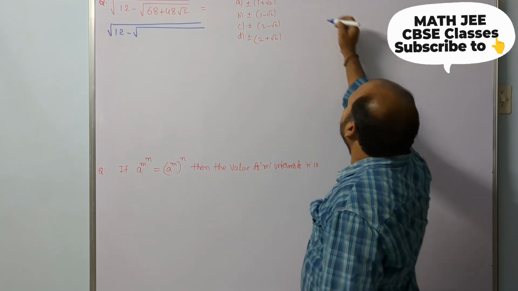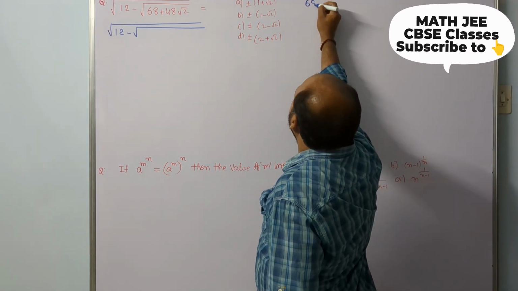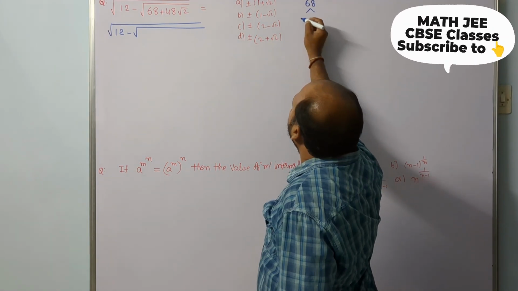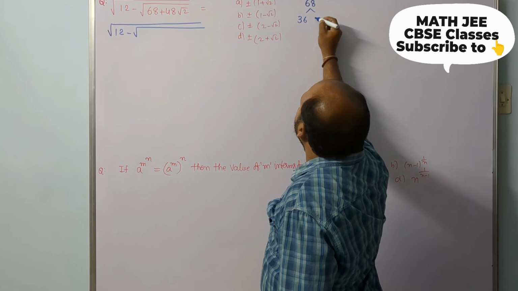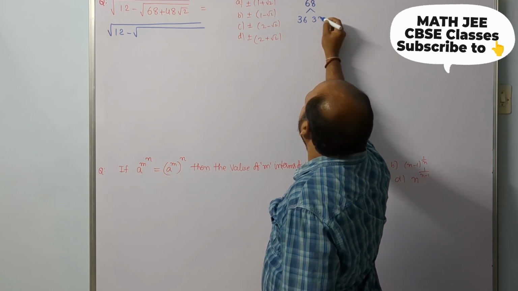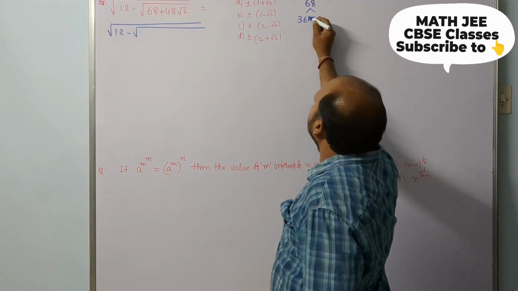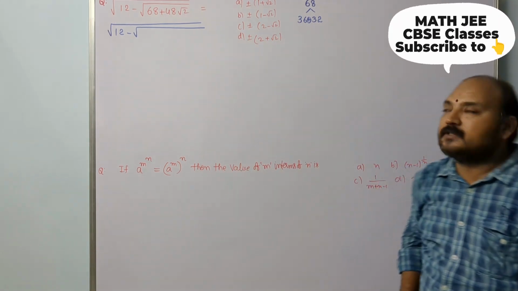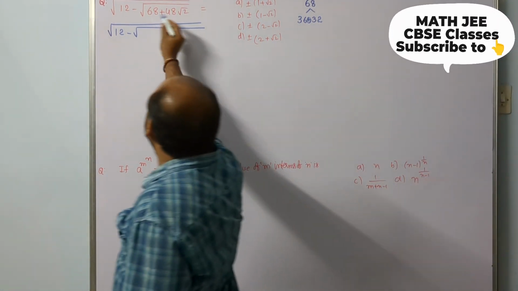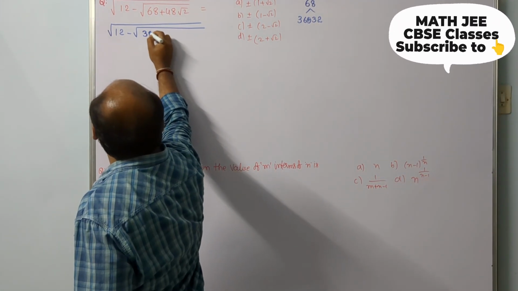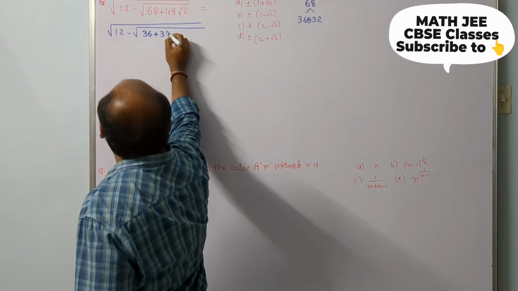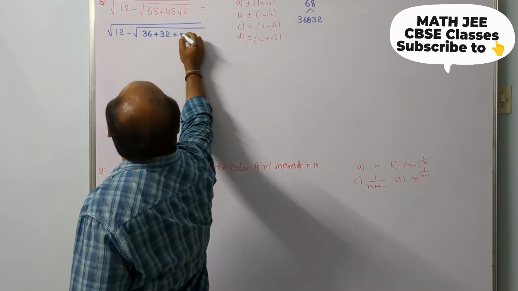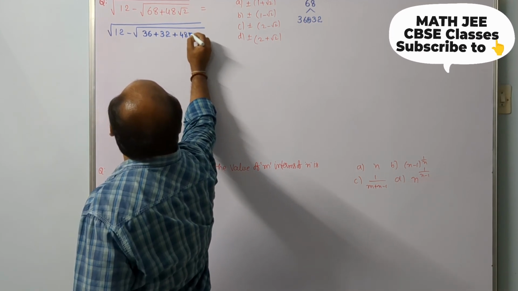Here the logic is 68 can be written as 36 and 32. Can I write like this, sum of these two? So 68 first I am writing 36 plus 32, plus 48 into root 2.